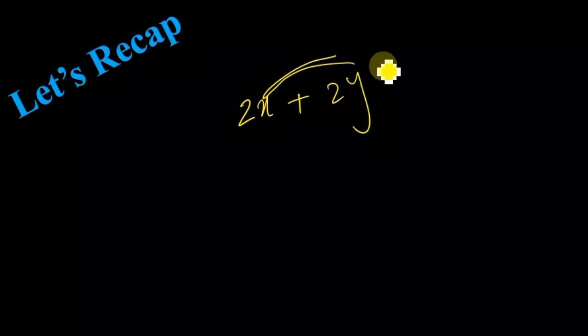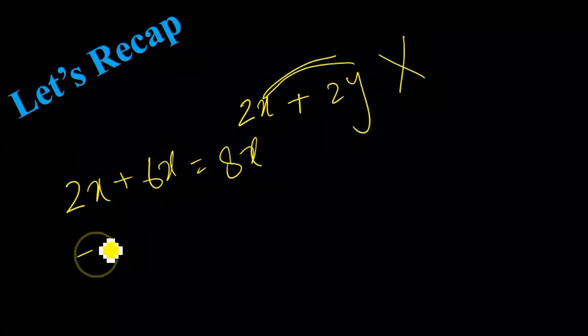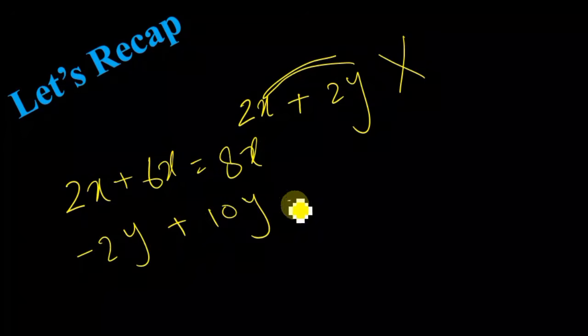Like 2x plus 2y. Can we add these two? No, these are unlike terms. We always add same values, 2x plus 6x. Your answer is 8x. Similarly, minus 2y plus 10y. So what will be your answer?